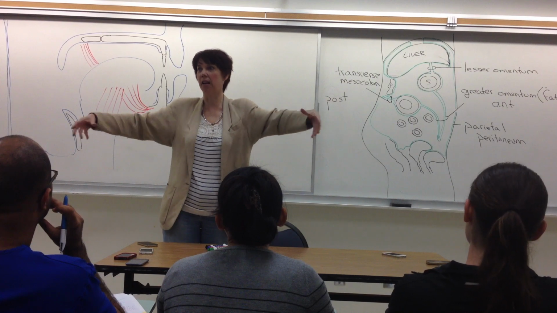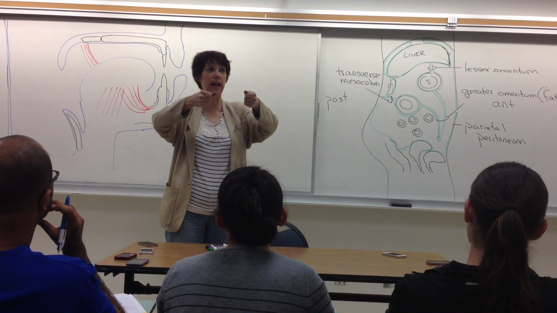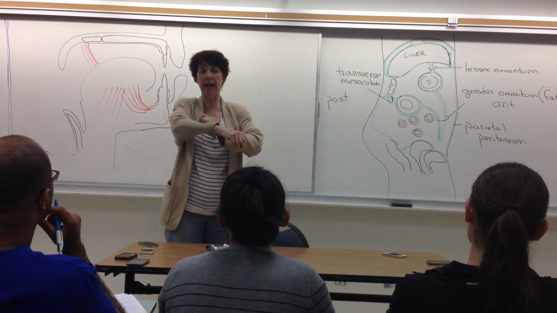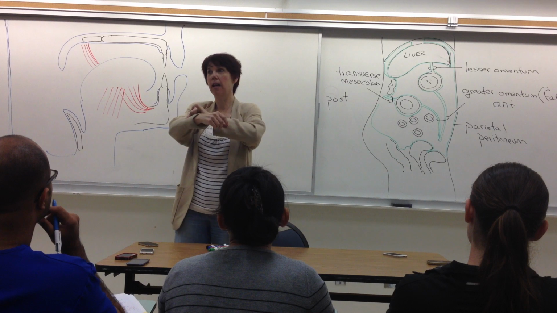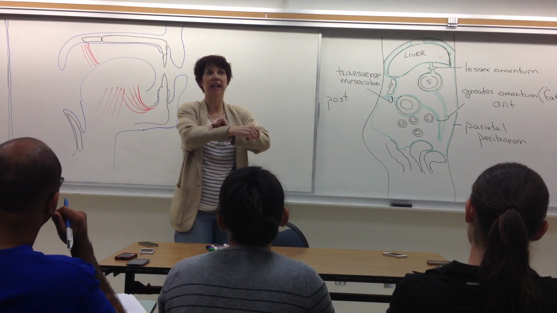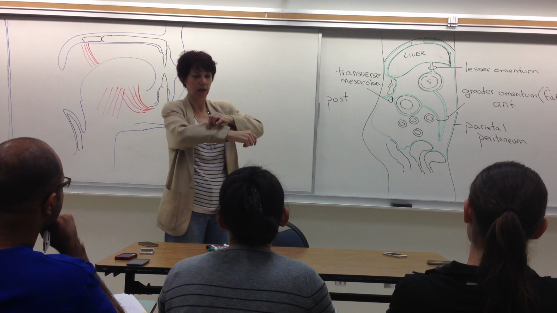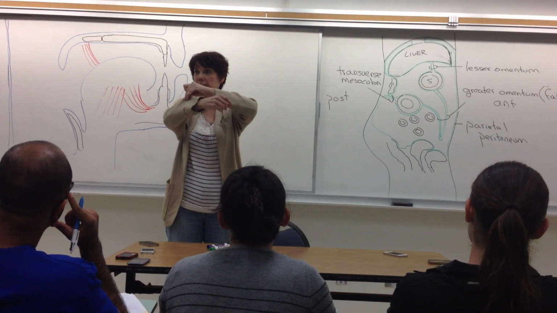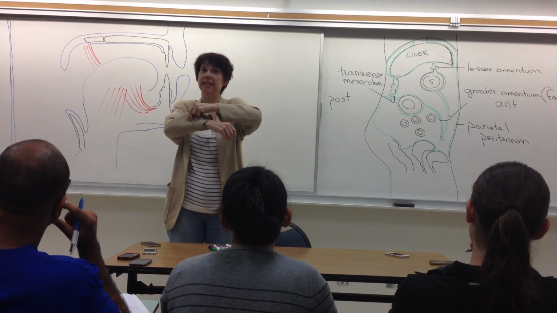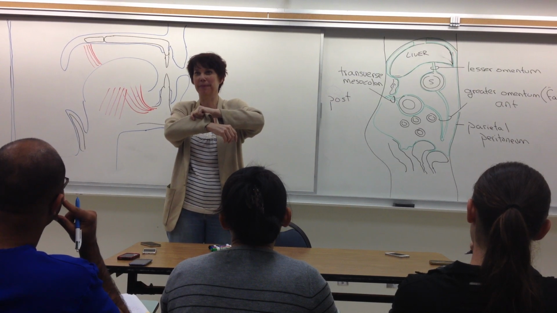You've laid it out on a long piece of fabric, a sheet, and you bring the two edges of the fabric up and pick up that snake. All right. So where the fabric is on the snake would be the visceral peritoneum. What we'll learn is the serosa covering of the outer wall of that organ. Where the two layers come together, you're suspending the snake, that's the mesentery. And it's considered to be the mesentery of the small intestine, or the mesentery proper.